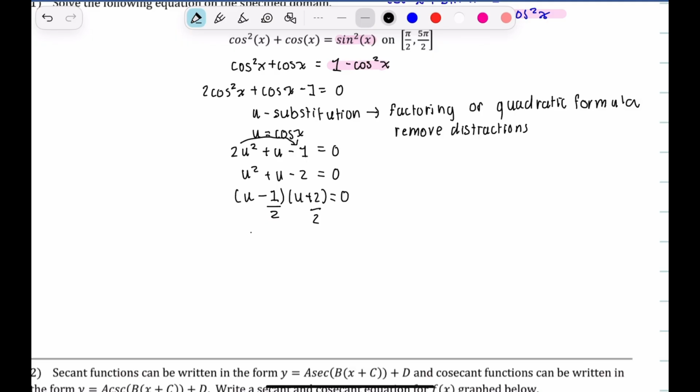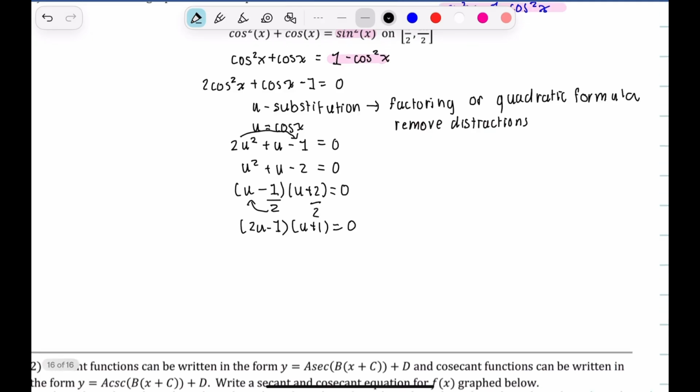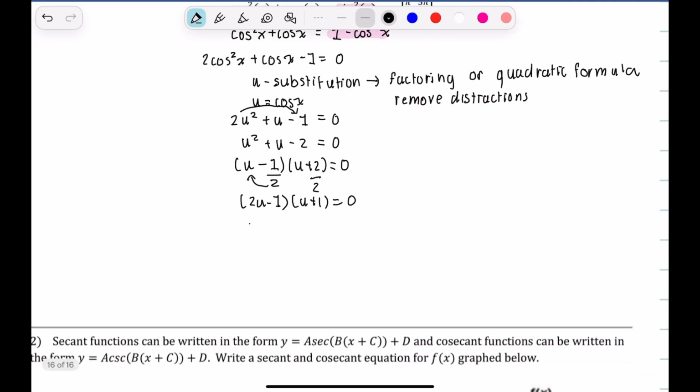Now you have u plus 1 is equal to 0. And then you have 2u minus 1. And from here, u plus 1, sorry. And then you can just substitute cosine x back for u.